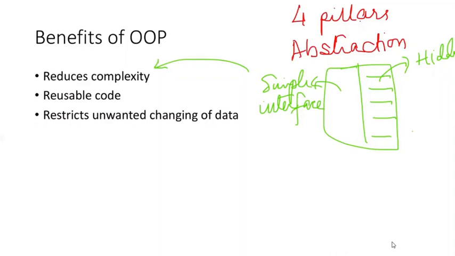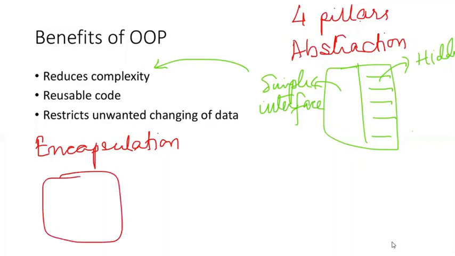Then we have the second pillar, which was encapsulation. In encapsulation, we have the object with the data and the code that works with the data together as a single entity.